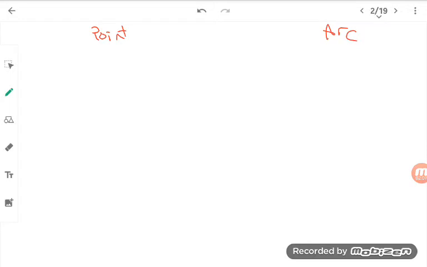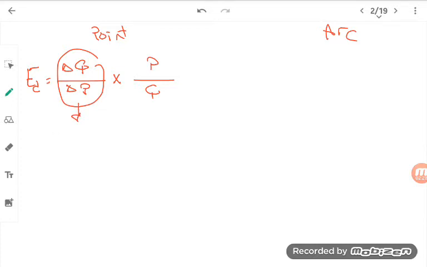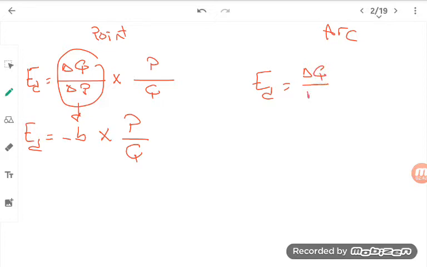With respect to point elasticity, it is calculated as change in quantity over a change in price multiplied by P over Q. Change in quantity over a change in price is the slope of the demand function, which is negative B. So we can write elasticity of demand as negative B multiplied by P over Q. With respect to arc elasticity, it is calculated as change in quantity over a change in price multiplied by P2 plus P1 over Q2 plus Q1.